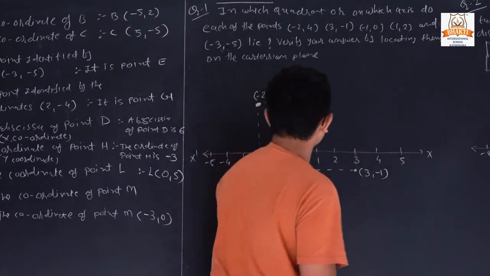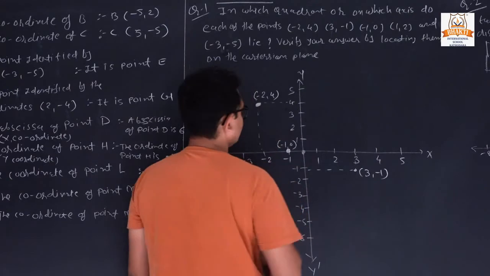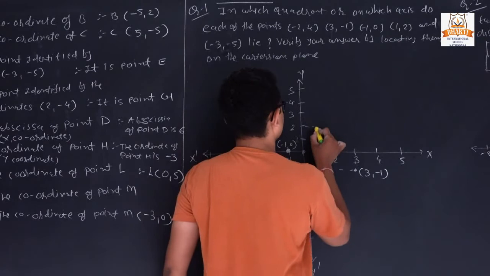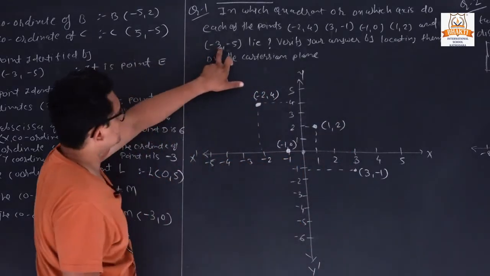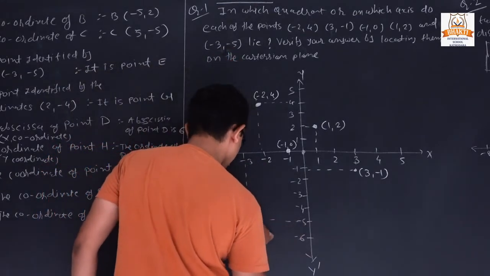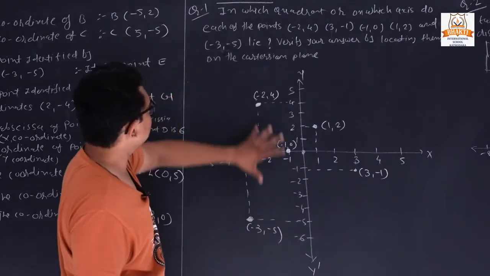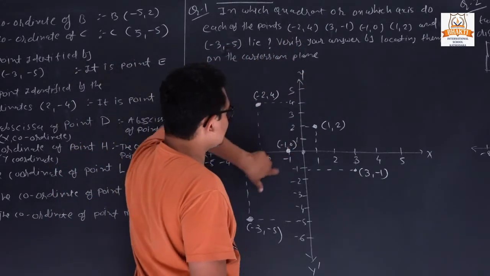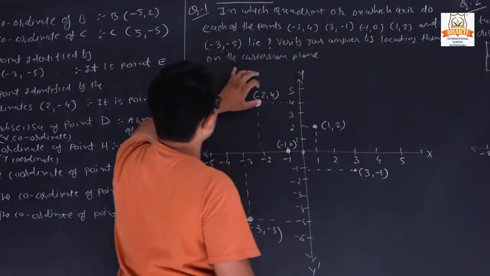Then (-1, 0) is here on the x axis. Then (1, 2). And last (-3, -5). So now they are asking which quadrant or axis they lie on, and to verify your answer by locating them on the Cartesian plane.